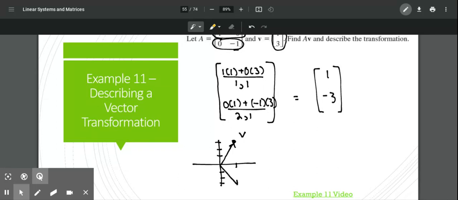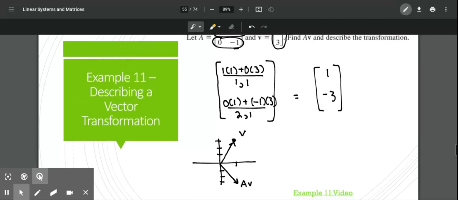So that's down here. And this was A times v. So if we need to describe the transformation, we'll say that it was a reflection over the x-axis, right? Because our vector v just reflected over our x-axis onto that new vector.